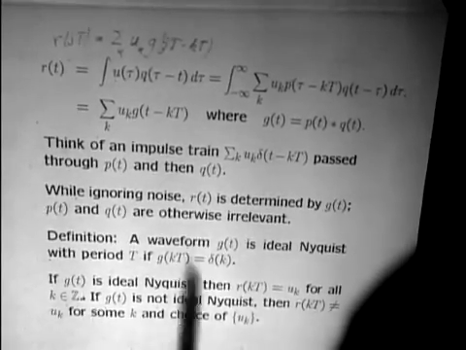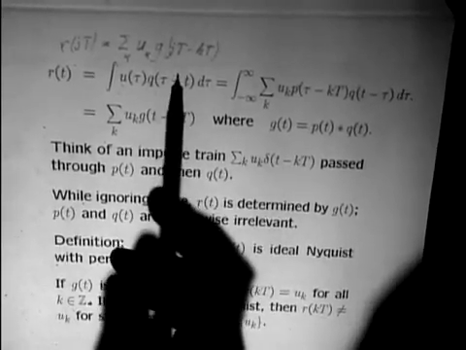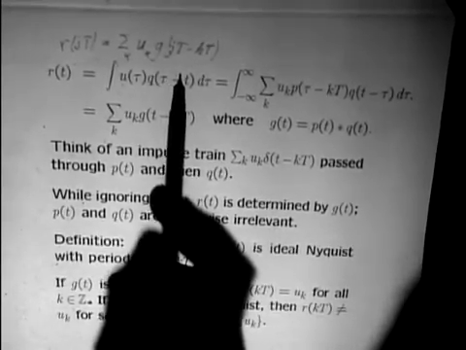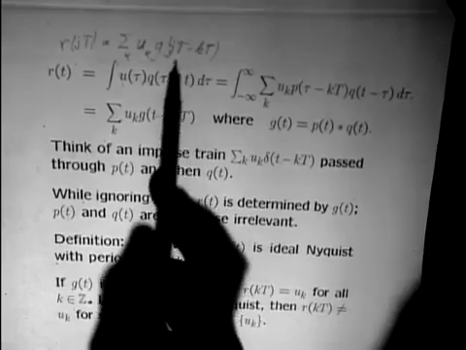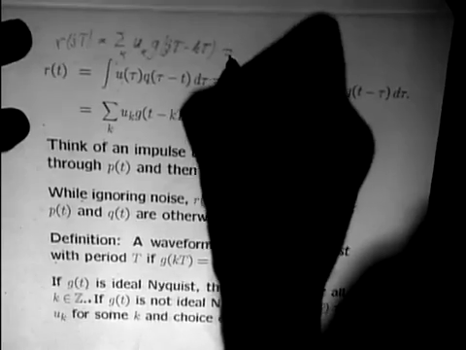If the waveform is ideal Nyquist, then this quantity is 0 for all integer k, except when k is equal to j. So this is just equal to u sub j.